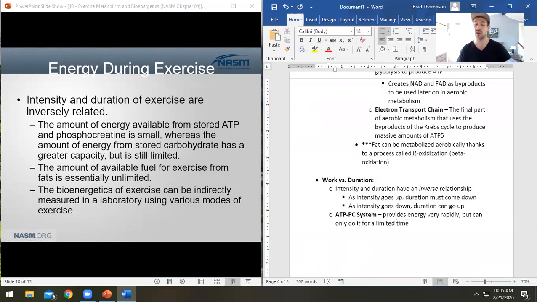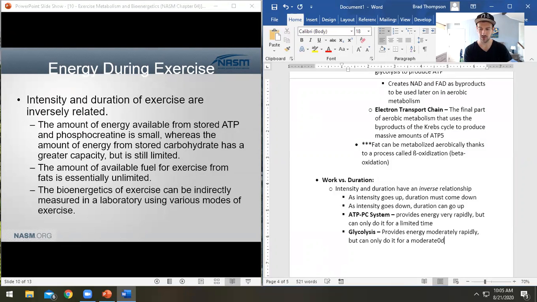Intensity and duration being backwards of each other. Glycolysis provides energy fairly moderately rapidly, but can only do it for a moderate duration.